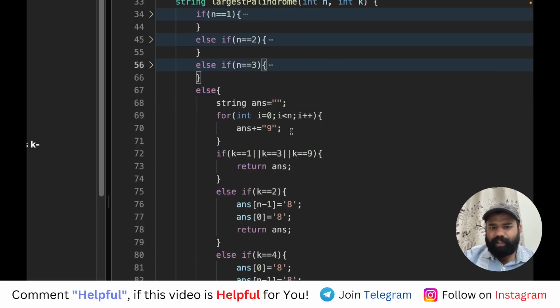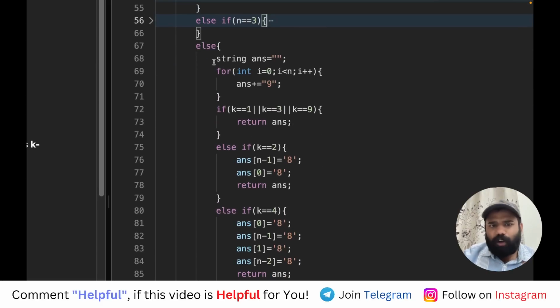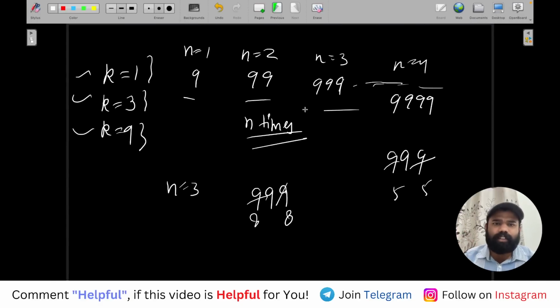Now let's understand the rest. First of all, when I am considering a number of size n, initially I will take all n digits as 9.